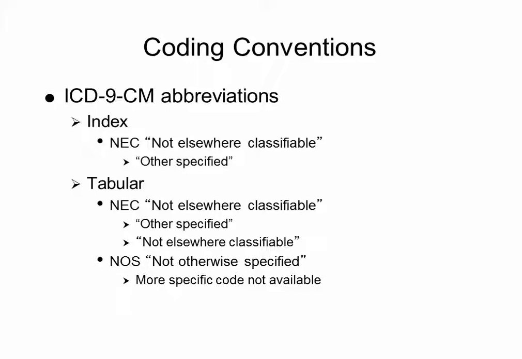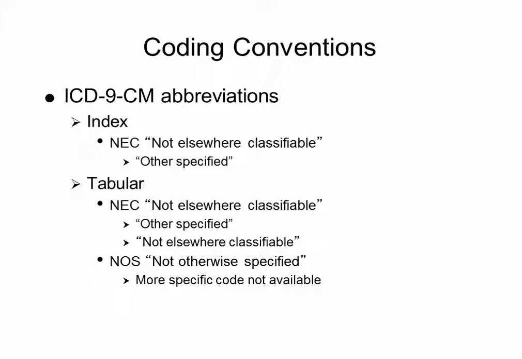And we find NEC, which stands for Not Elsewhere Classifiable. And all that means is that if there isn't a more specific code that we can choose from, if any of those codes that are there are not appropriate, they don't fit what we're trying to code, we have something that's not classifiable someplace else.